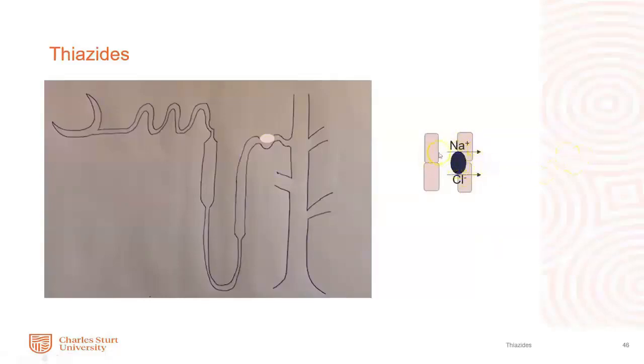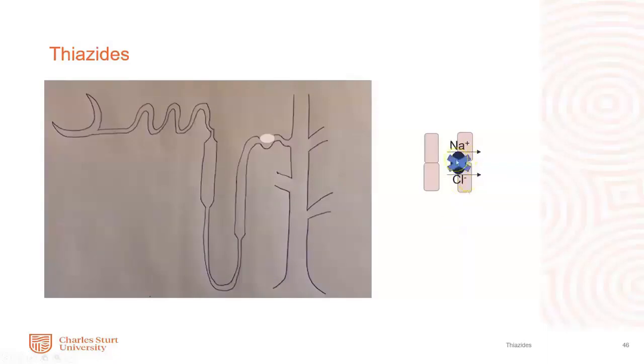So you'll get reabsorption of sodium and chloride from the filtrate across the cells lining the distal convoluted tubule walls into the interstitial fluid. I haven't put in a local blood vessel there, but it goes back into the blood. So this is the transporter you'd be inhibiting with a thiazide.